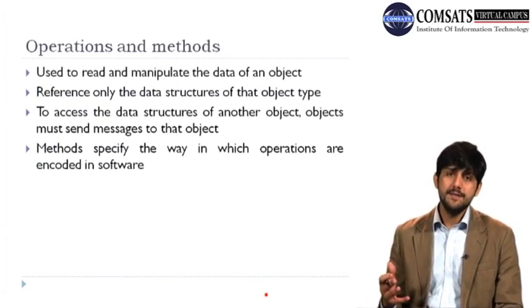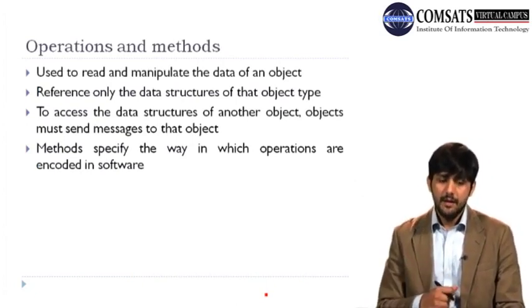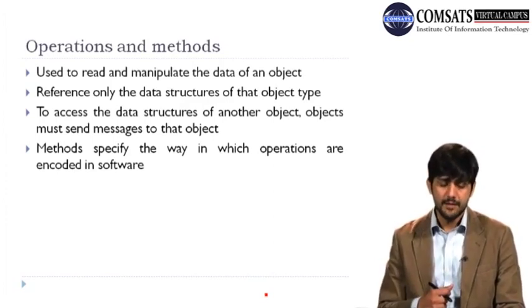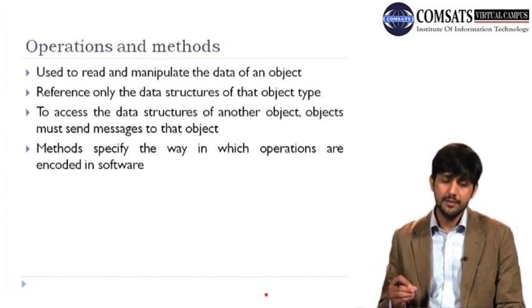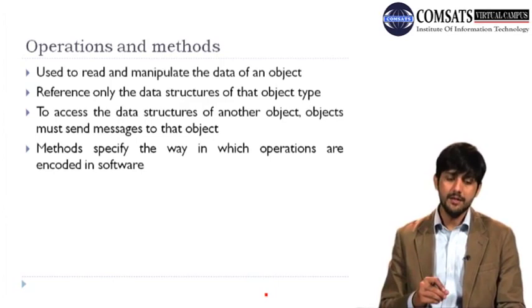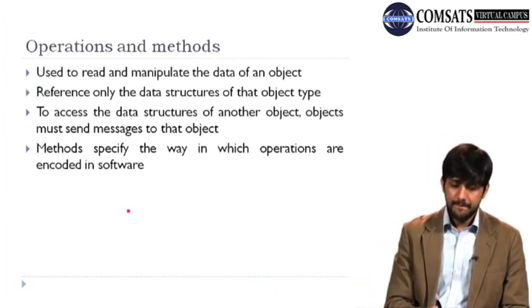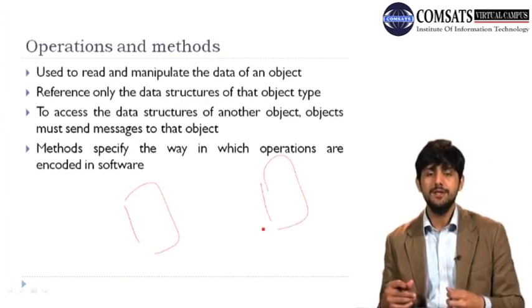Then we know that each class has different operations and methods. They are used to read and manipulate the data of an object. They reference only the data structure of that object. To access the data structure of another object, objects must send messages to that object. Normally these objects or classes interact with each other.